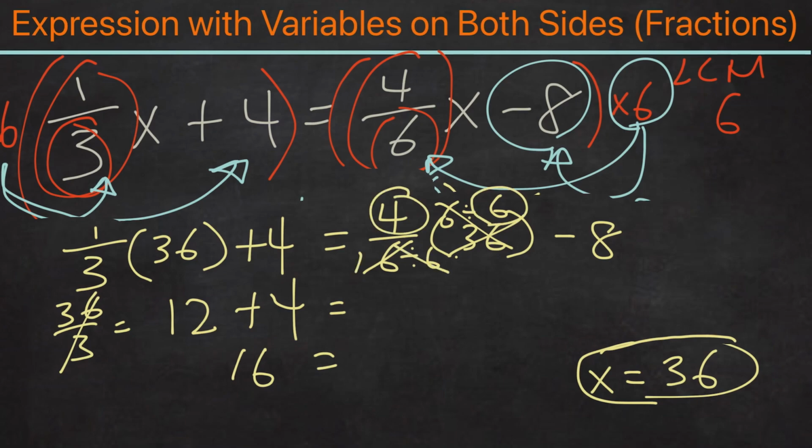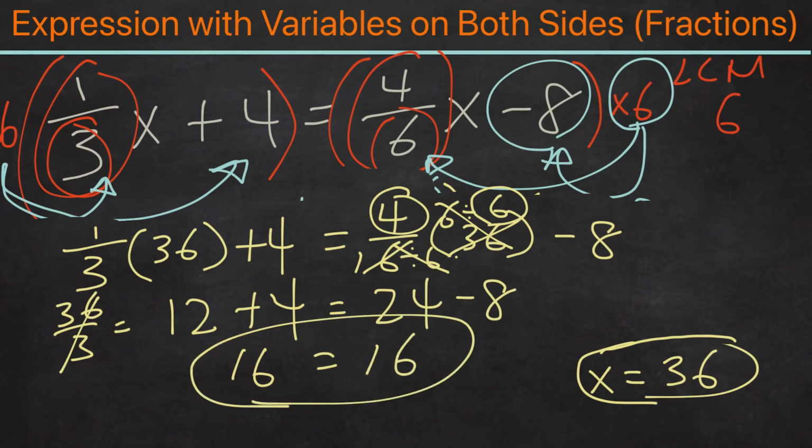So 4 times 6 is 24, and then minus 8. And 24 minus 8 is 16 as well. So we can see that 16 equals 16 is a true statement, and therefore our variable of x equals 36 is correct.